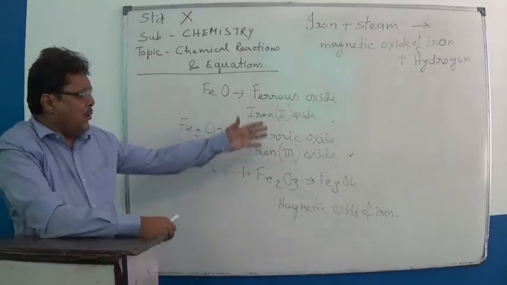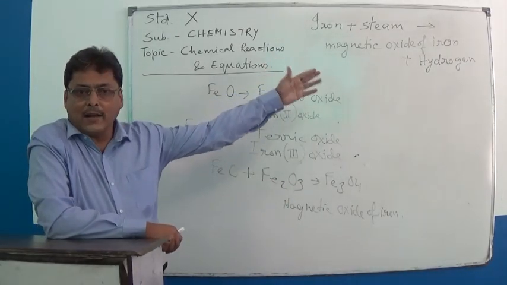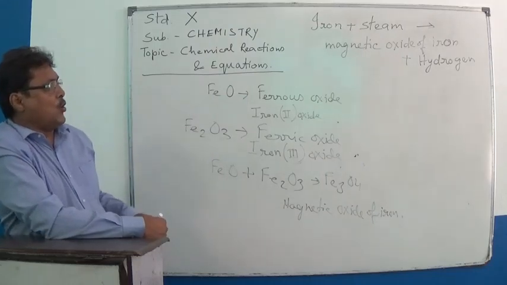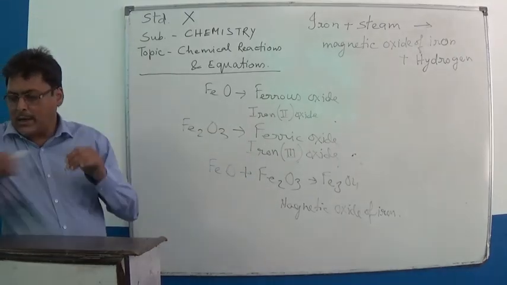This I am just telling you, you can keep it in your mind so that the next part is easily understood. Right? So please note it down and then we will come to the next part.